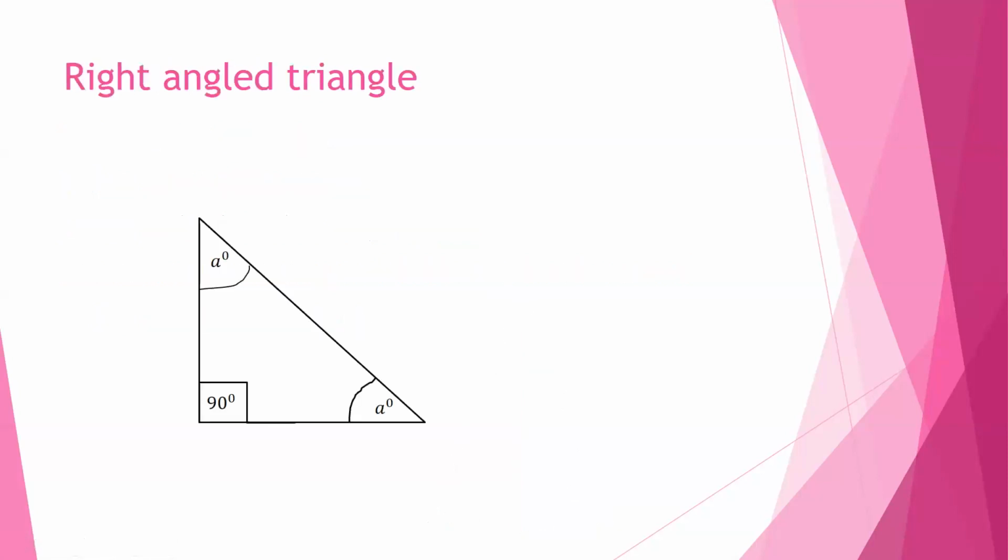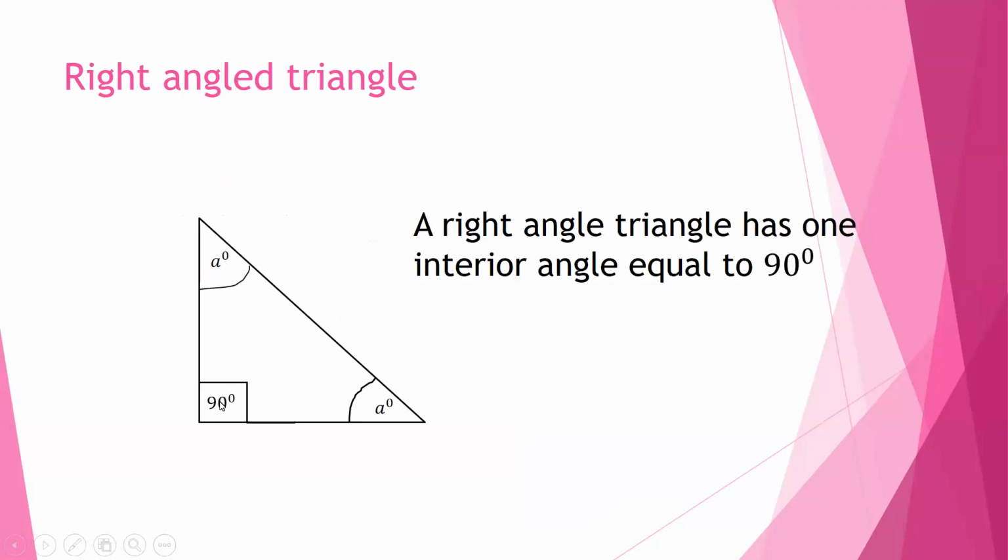Okay, all right. So we'll move on to the right angle triangle. You remember the angle that we talked about, the right angle. When you have an angle here with 90 degrees, that means this is a right angled triangle. So here it will be constant 90 degrees.